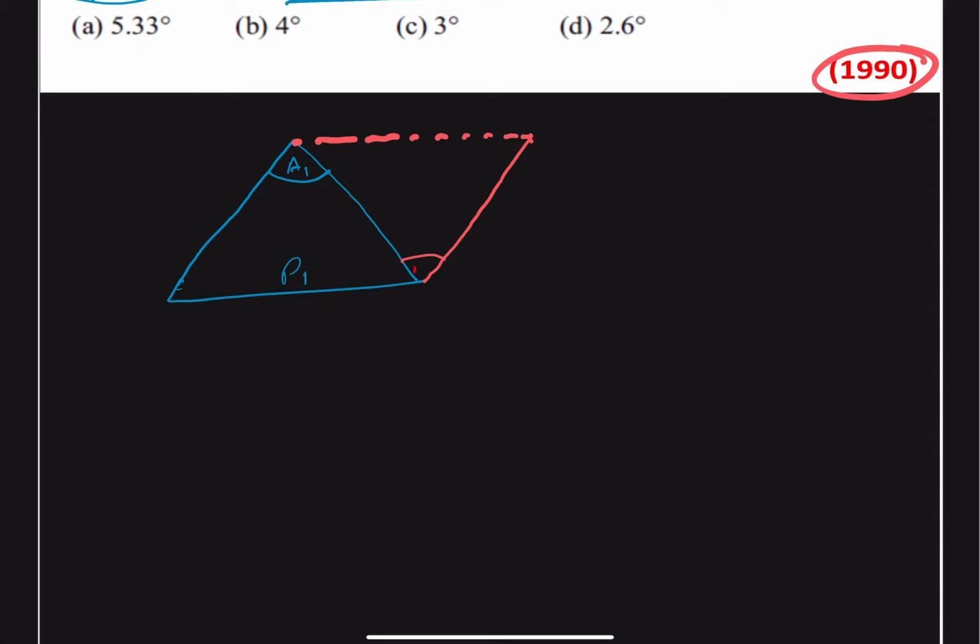This is our A2 and this is our prism P2. The only condition is that the deviation should be equal to 0.